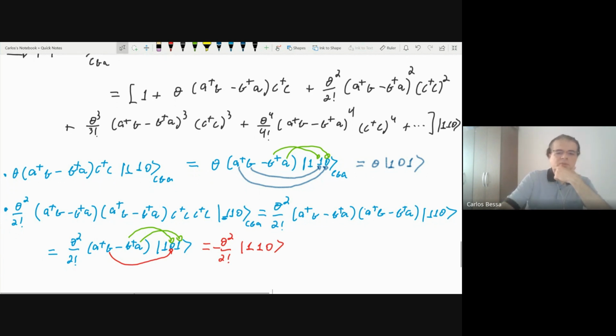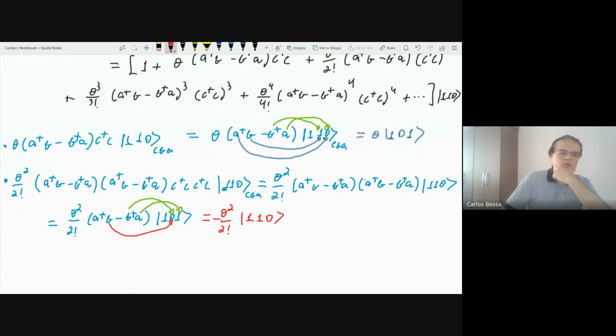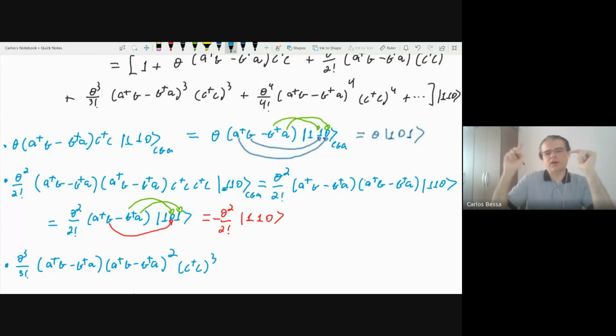And we can keep going doing that. Okay, now the same calculation. So the third term is this term here, theta cubed over 3 factorial. So A dagger B minus B dagger A cubed, and we already know, let's stop here, the second. And we know that this C dagger C, when acted on the 1, doesn't matter this number here, it will always destroy and create, destroy and create.